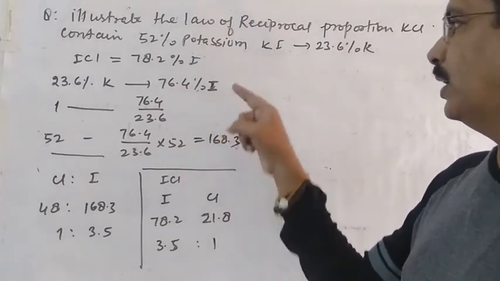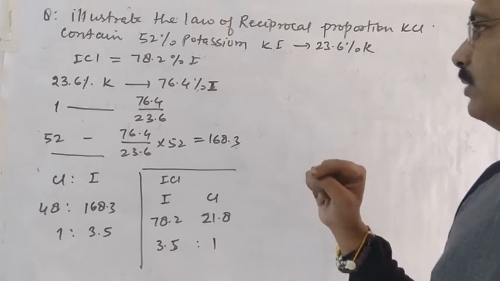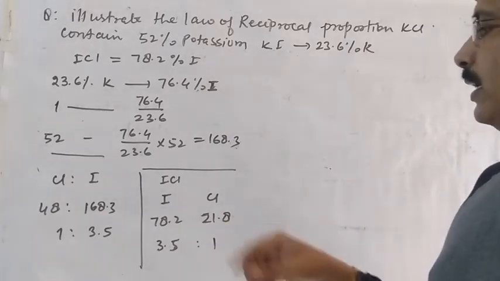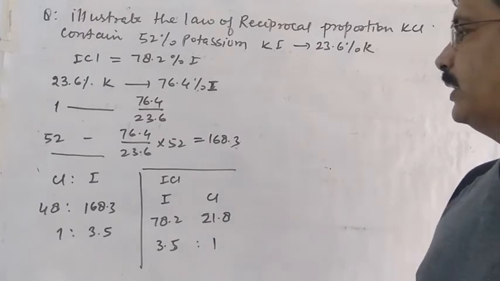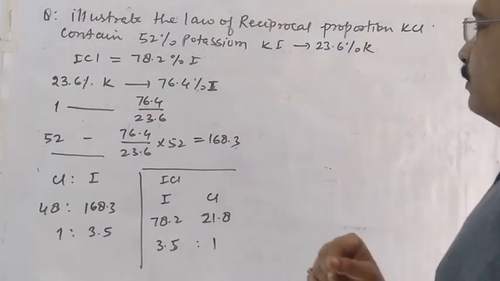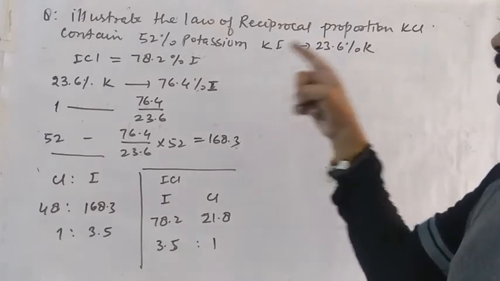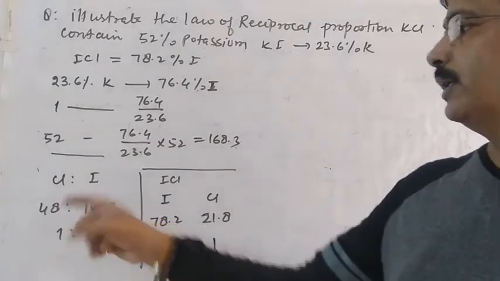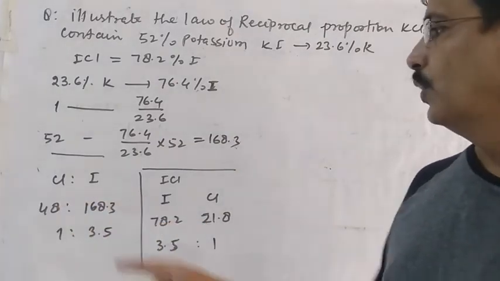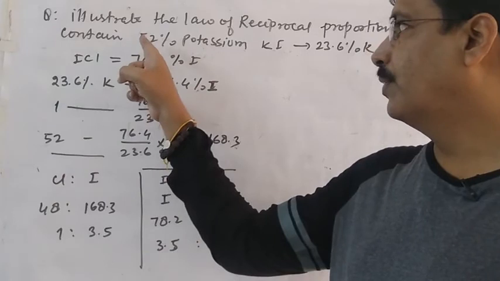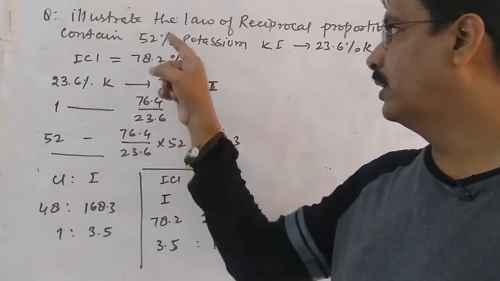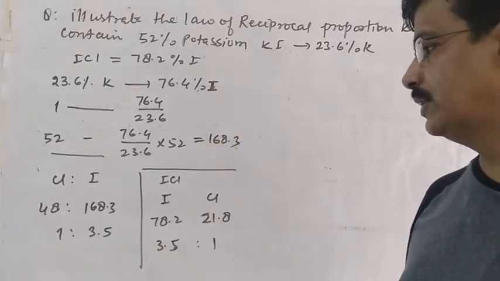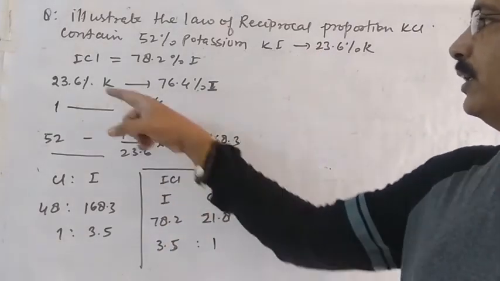Here we take the ratio of Cl and I. In KCl we subtract 100 minus 52, and this comes to 48. Clear? So 48% is Cl in KCl, and I comes from that one, 168.3, because the potassium weight is the same in both of them.